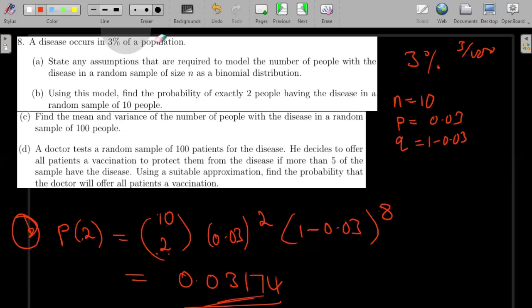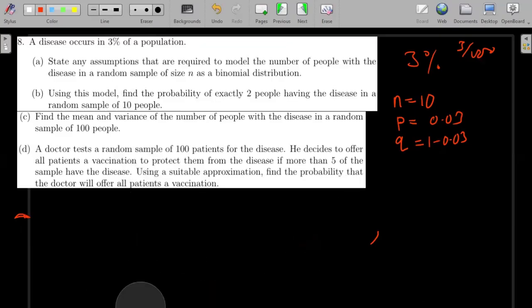Okay, let's look at C. On C, they're saying find the mean and the variance of the number of people with the disease in a random sample of 100 people. So how are we going to find that mean?